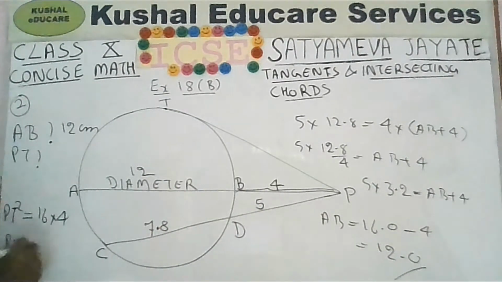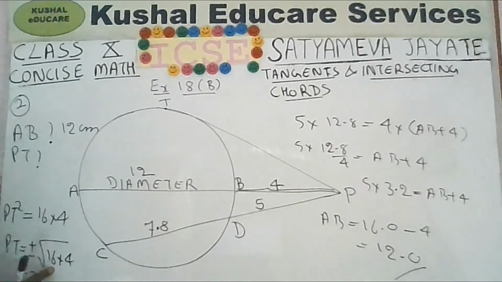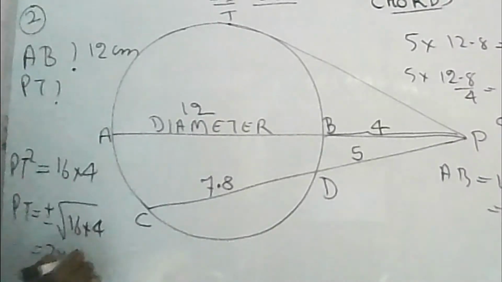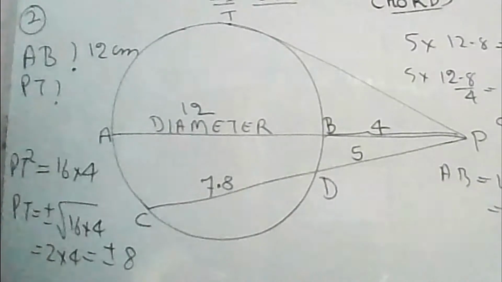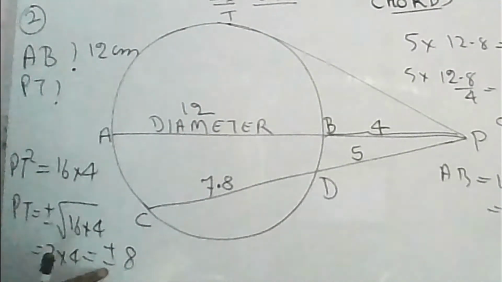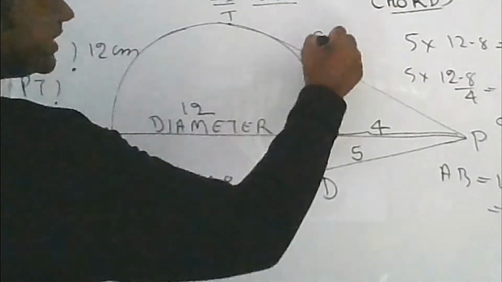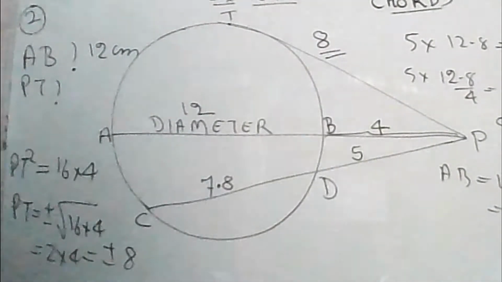So this means PT will be equal to plus minus the square root of 16 into 4. So this 2 will come out, this 4 will come out. So we will get plus minus 8. But length cannot be minus, so we will not consider the minus sign here. That means PT will be equal to 8 centimeter. Like this you can do.